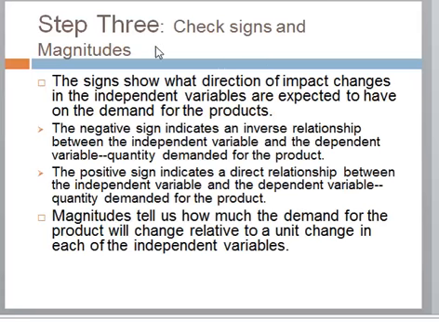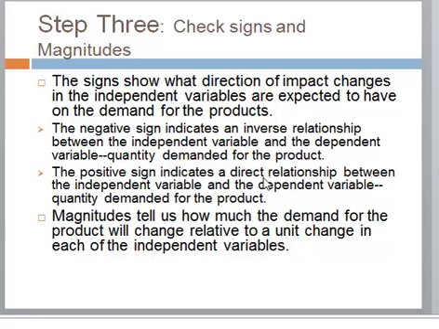Step 3: check signs and magnitudes. We need to check the signs and magnitudes of the equation. The signs show the direction of impact that changes in the independent variables are expected to have on the demand for the product. The negative sign indicates an inverse relationship between the independent variable and the dependent variable, quantity demanded for the product.